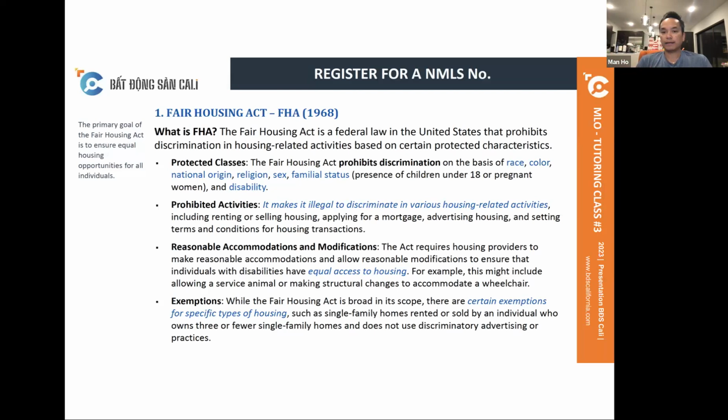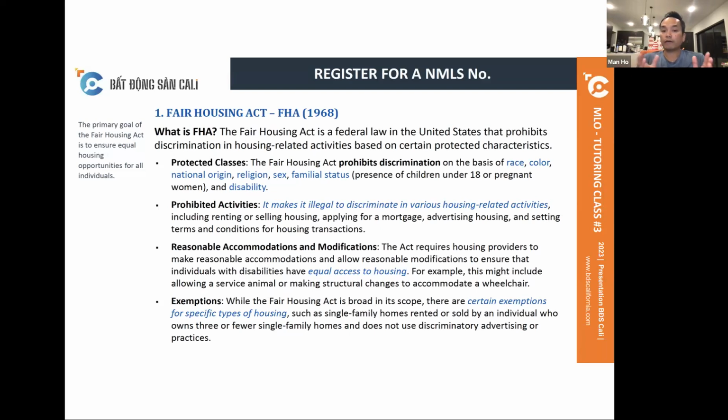Sex. You don't discriminate whether it's a male or female, transgender or whatever sex the borrower is. You don't treat the male more favorably than the female or transgender, or deny somebody because of the sex that you don't like.